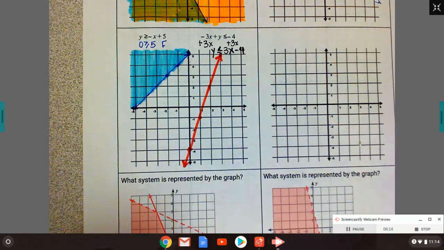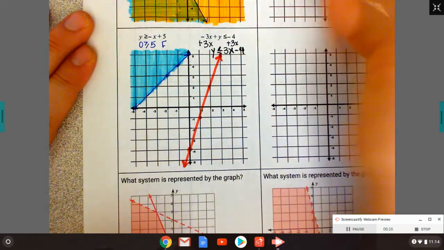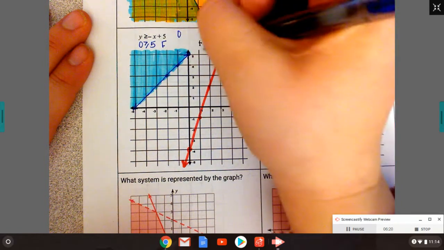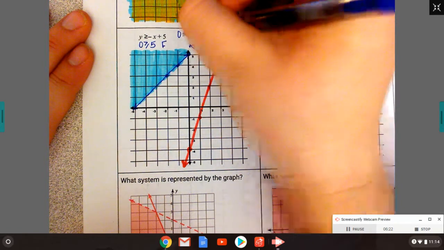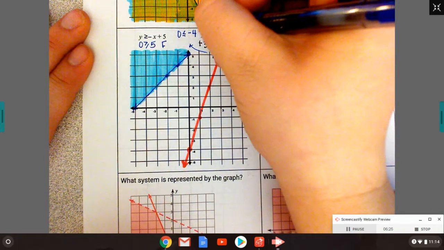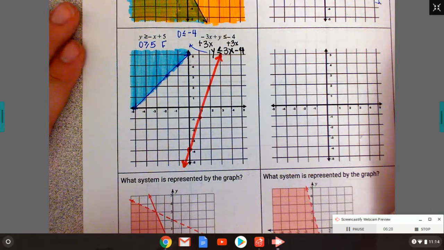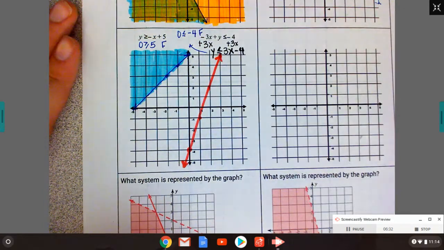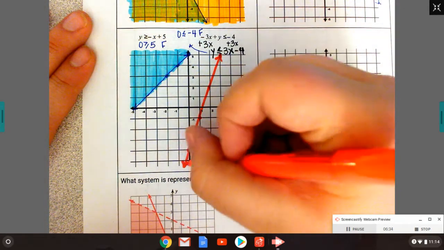This one is a less than or equal to. So if I had plugged in a 0, 0, I would have had 0 is less than or equal to -4. And that is, which one, true or false? 0 is not less than a negative, so that's false. This one we would have shaded this direction.